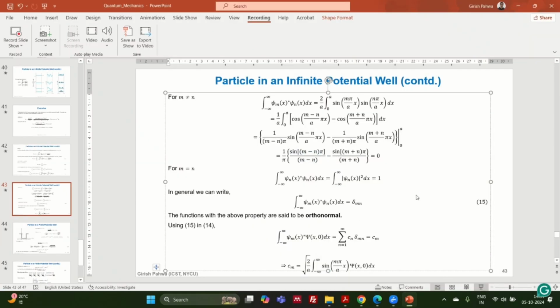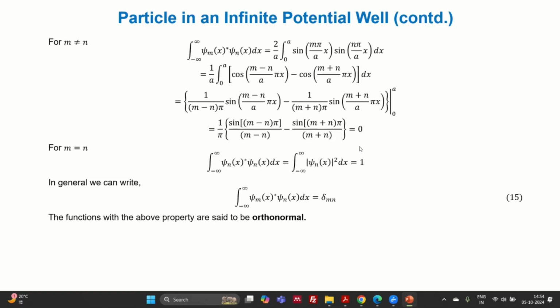Now how do I calculate Cn with this information? If they are orthonormal, I can plug this back into equation number 14. On the left hand side, I had the integral from minus infinity to infinity of psi m star times psi of x comma 0 dx.